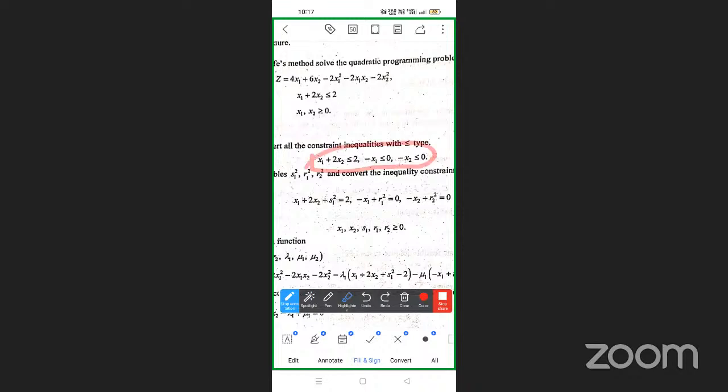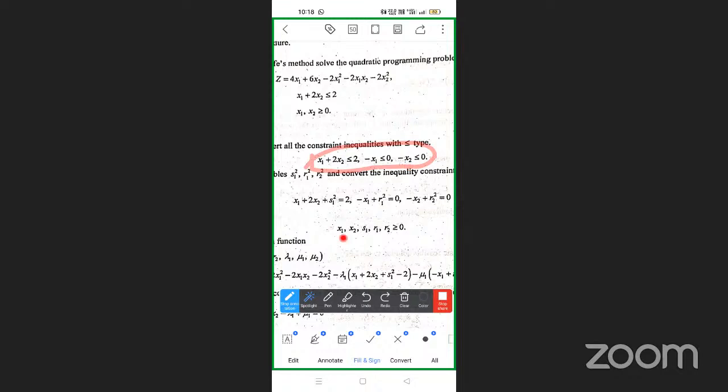Now we have to convert inequalities into equalities. So less than or equal to becomes equality. Here, adding slack variable: x1 plus 2x2 plus s1 squared equals 2. Here, minus x1 plus r1 squared equals 0. Minus x2 plus r2 squared equals 0.